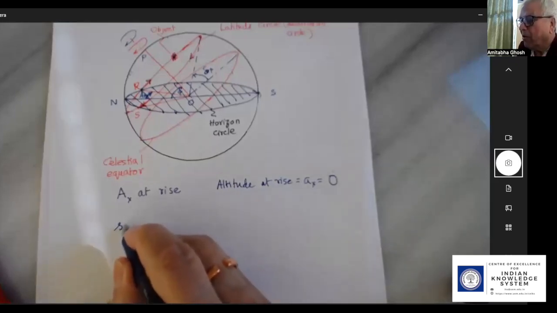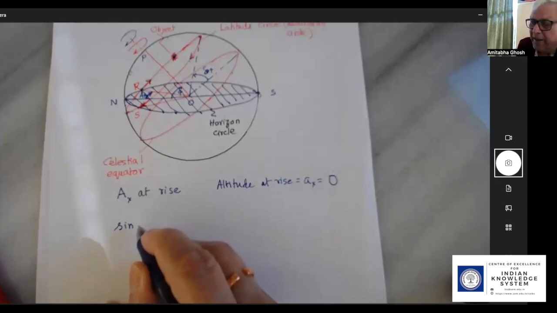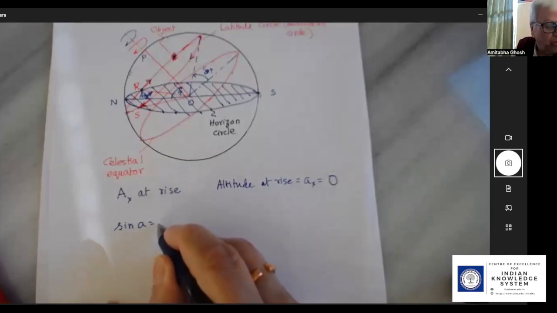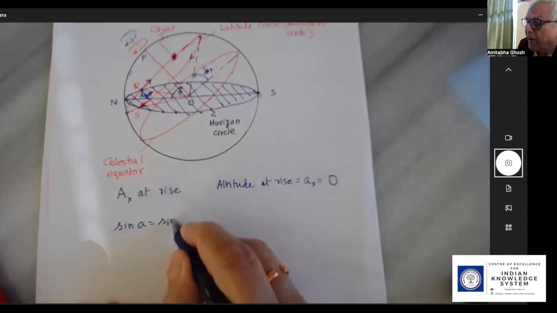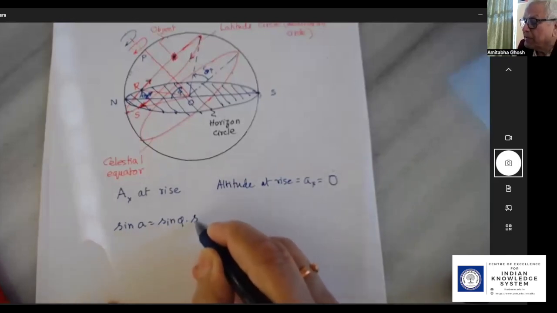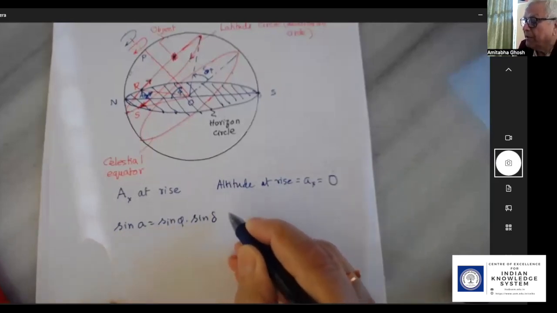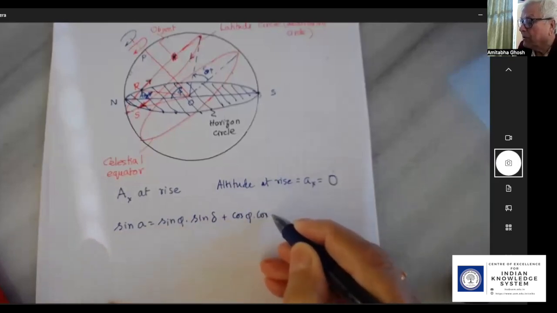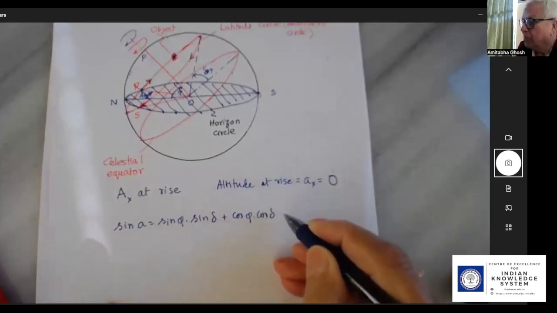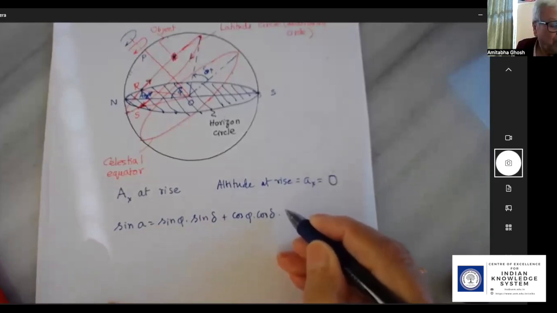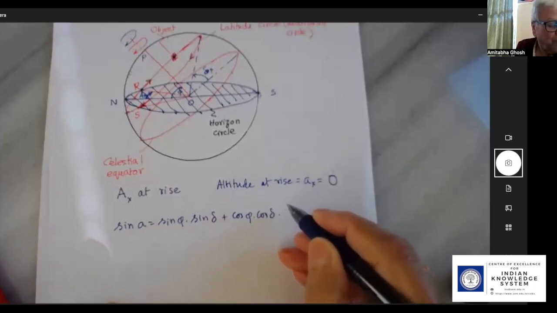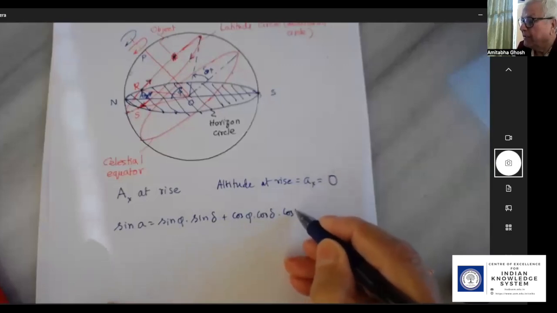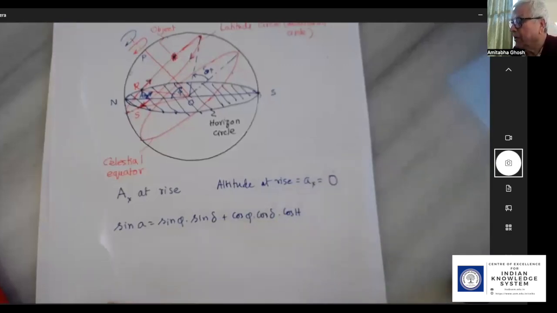That sine of A is equal to sine of phi into sine of declination plus cos phi into cos declination into cosine h. But this h is given in the horizontal, your ecliptic system.